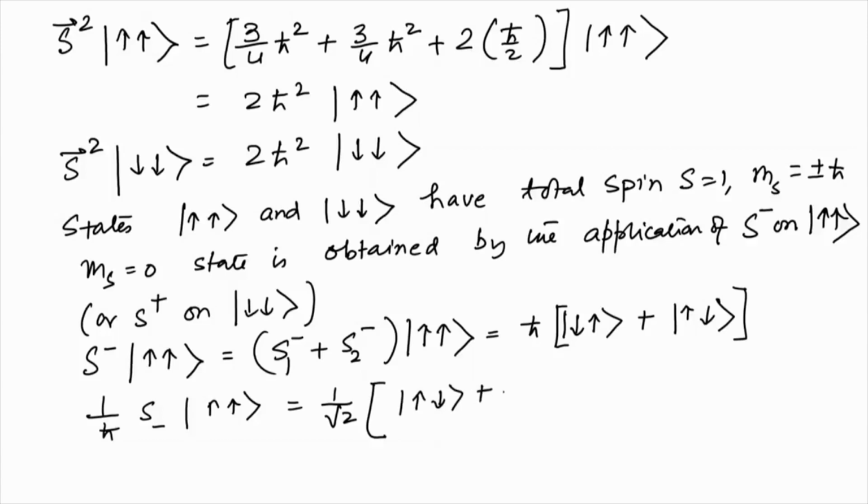It does not matter that we have written down the second term ahead of the first term, and this will correspond to S z equal to 0. So, these three will be called the triplet states.